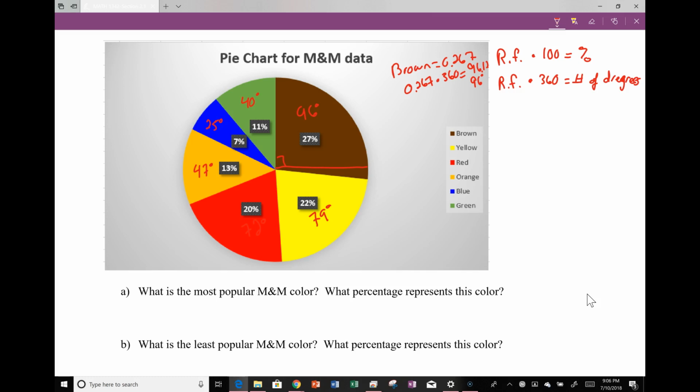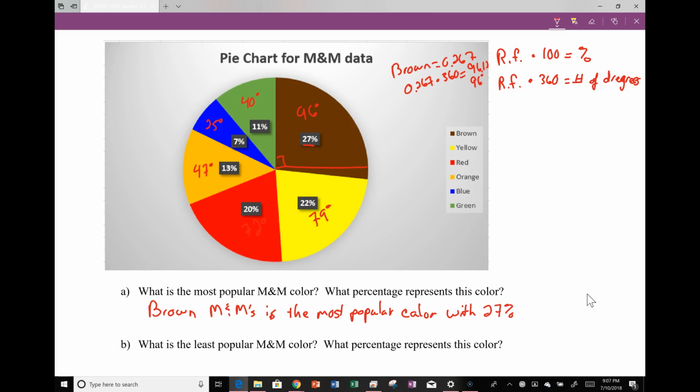Well, looking at this, if I don't have the raw data, I can still look at it and say that brown M&Ms is the most popular color. It also asks what percentage represents this color. Brown M&Ms is the most popular color with 27%.